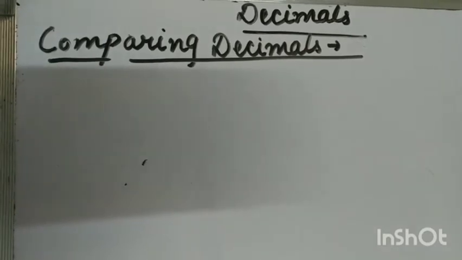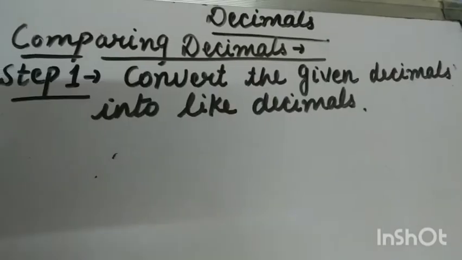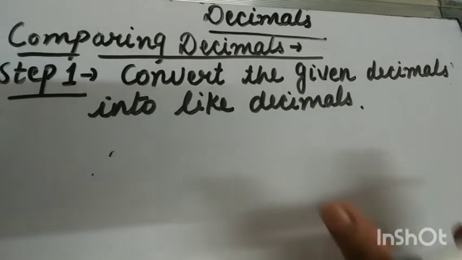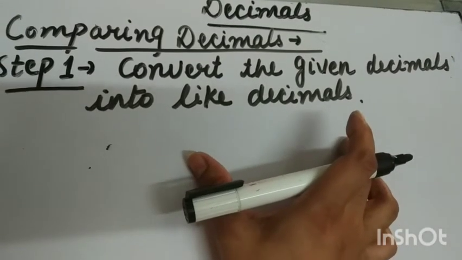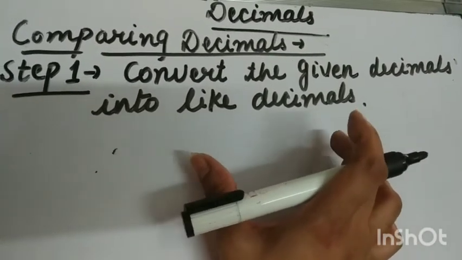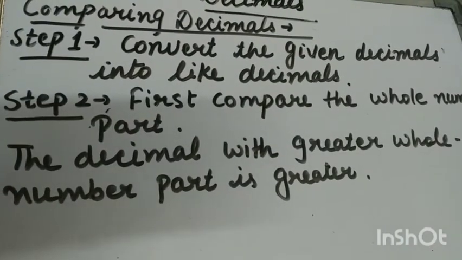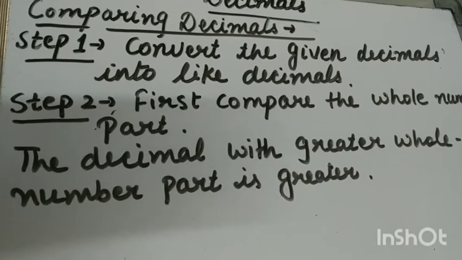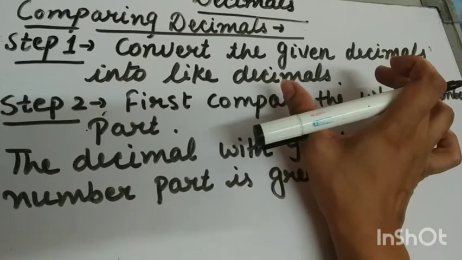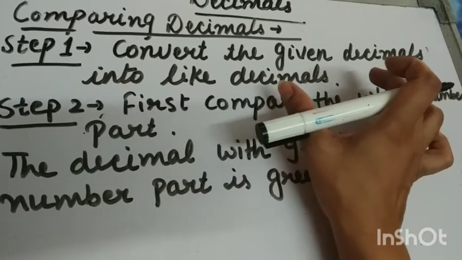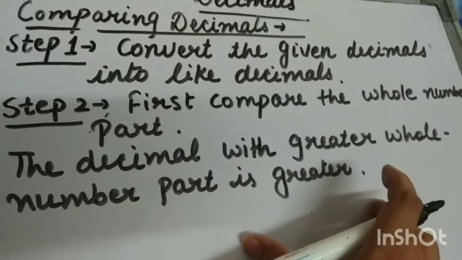How do we compare decimals? Suppose we have to compare 2 decimals. The first step is to convert the given decimals into like decimals. After that we compare the whole number parts. The decimal with the greater whole number part is greater.